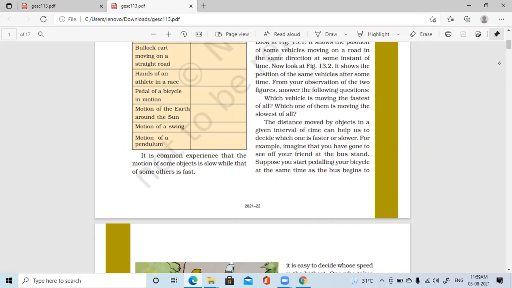So who is moving faster? Easily we can say, same distance, the vehicle or the person with whom you are going, whosoever takes less time will be moving fast. So this is the easy way to do.